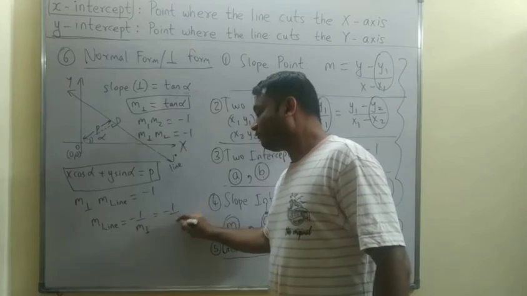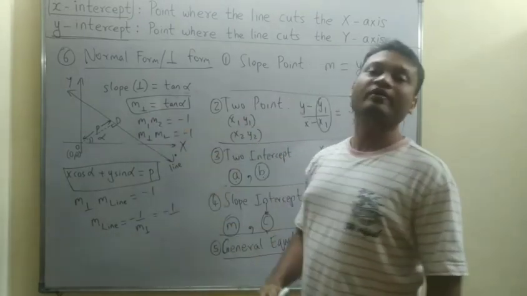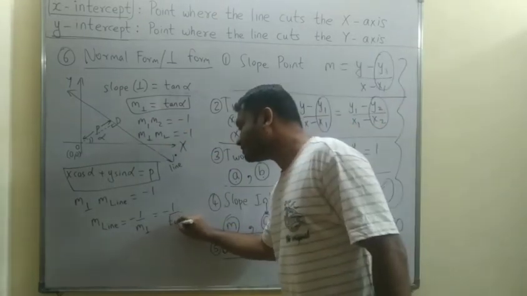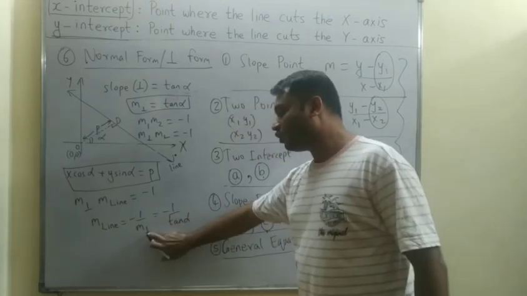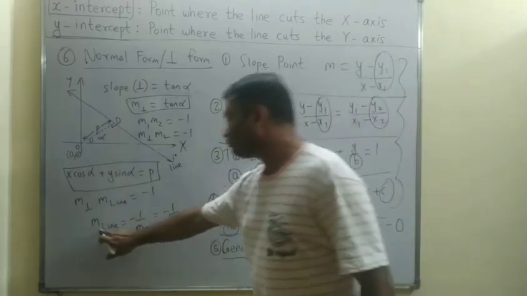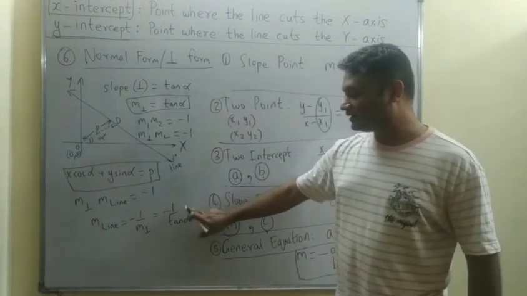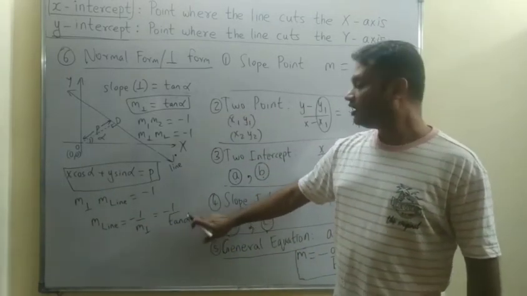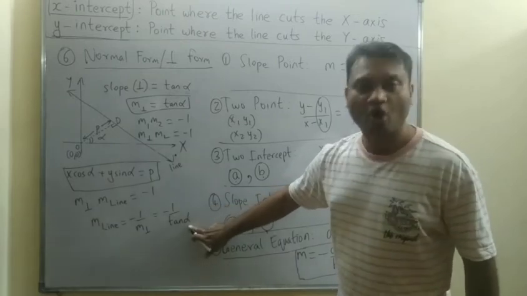Now slope of perpendicular, we already found it is tan alpha. So let me substitute the value. Slope of perpendicular I will substitute as tan alpha. So slope of line is -1 upon tan alpha. But 1 upon tan alpha is cot alpha.